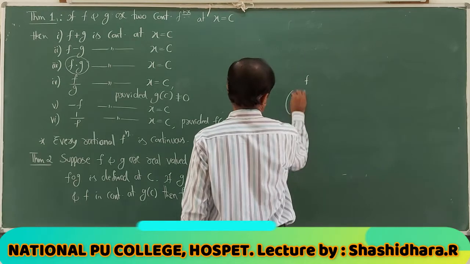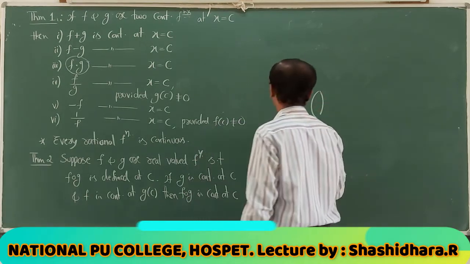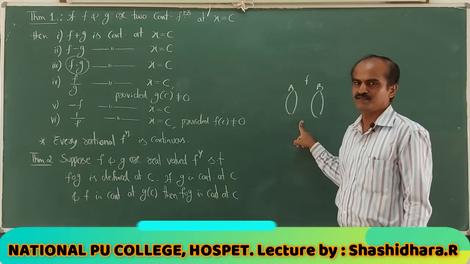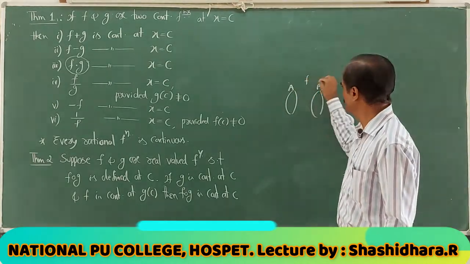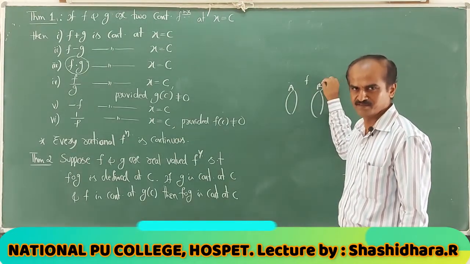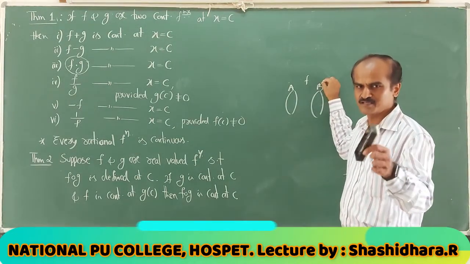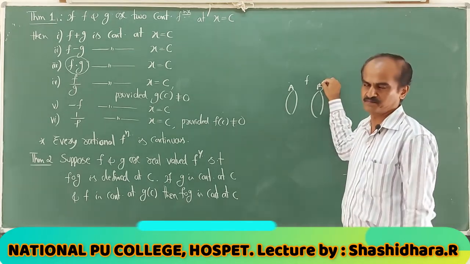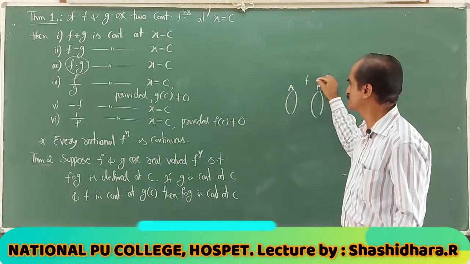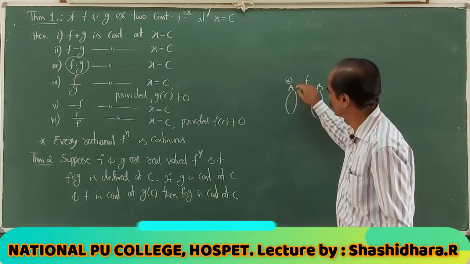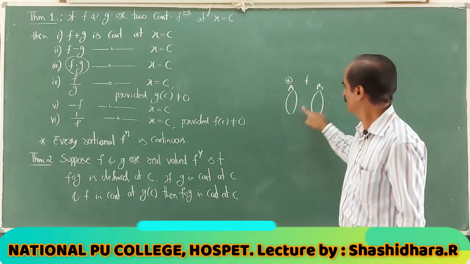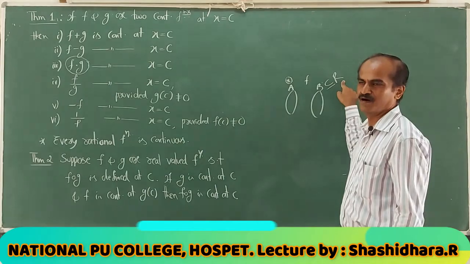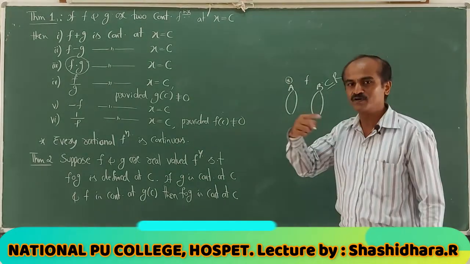To say that f is a function from A to B is a real function, both A and B must be either the real set or a subset of the real set. Then only we say that it is a real function. Real valued function means no restriction for the domain, but the codomain should be either the real set or a subset of the real set. That is what a real valued function is.